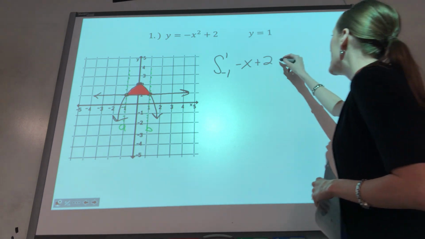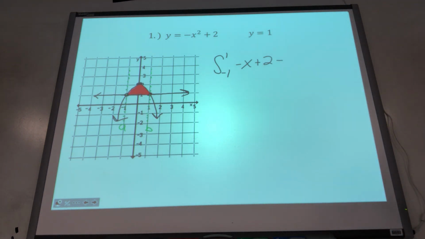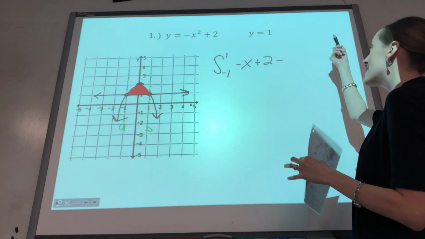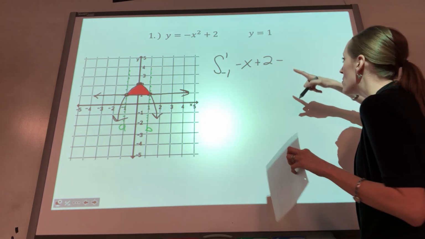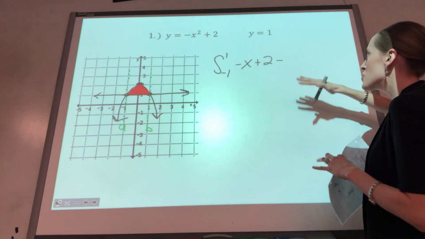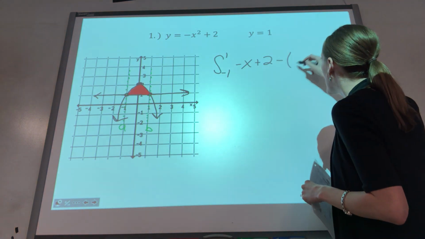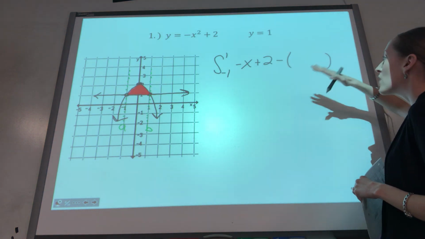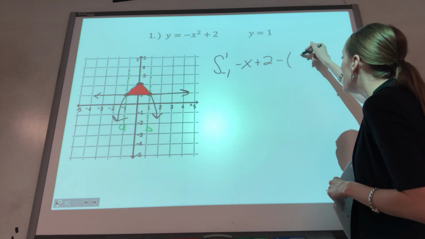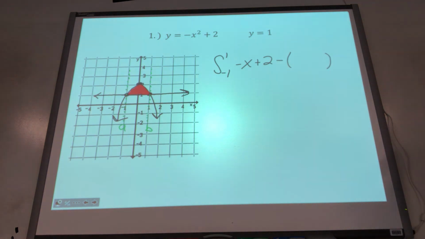Now, we need to subtract g of x, and I will caution you that if your other function has several terms in it, you will kind of have to put parentheses around the g of x and then distribute the negative.